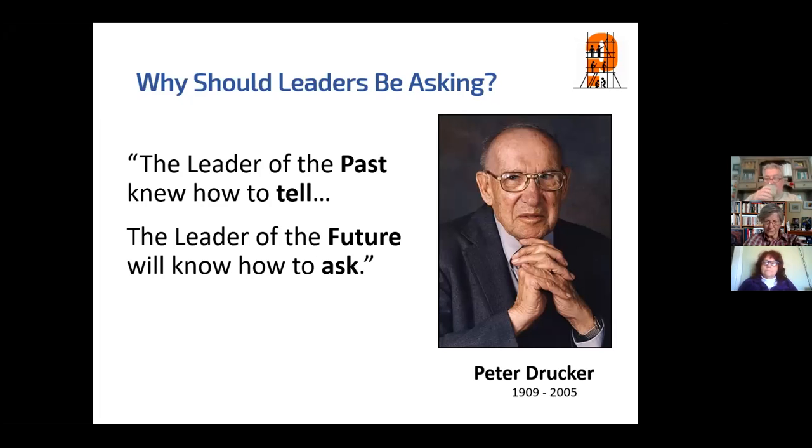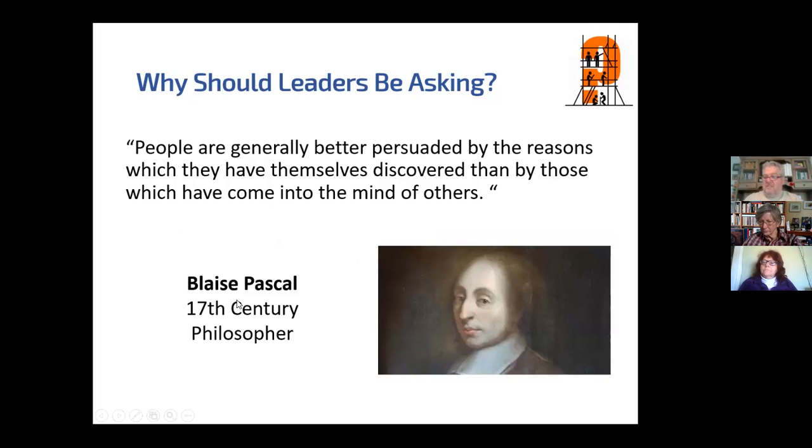I'm trying to press my slide advance button, and why won't it go? There we go. So here's a 17th century philosopher that had a thought on the topic. So that's cutting edge, very timely advice, to say nothing of Socrates. And of course, he's in here too. So, why should we be asking?